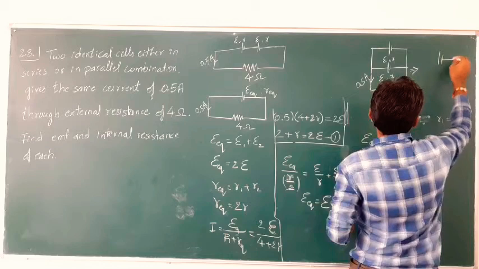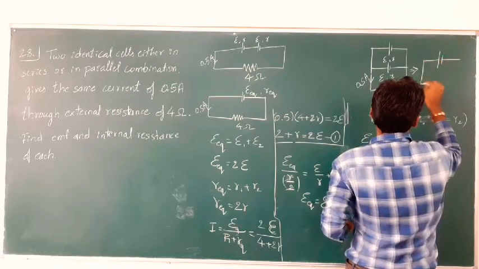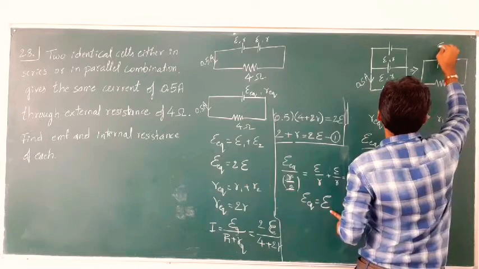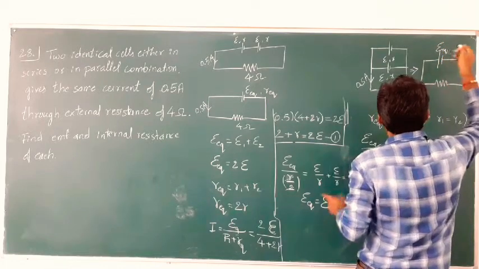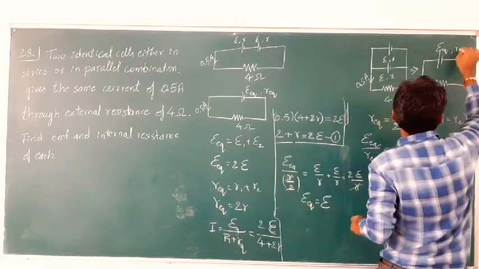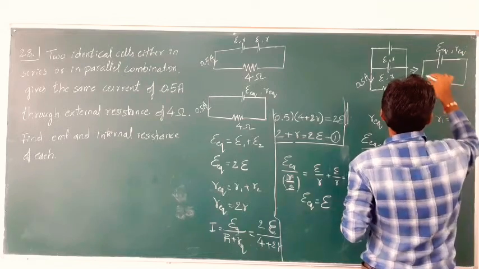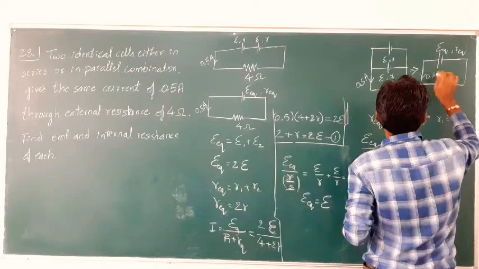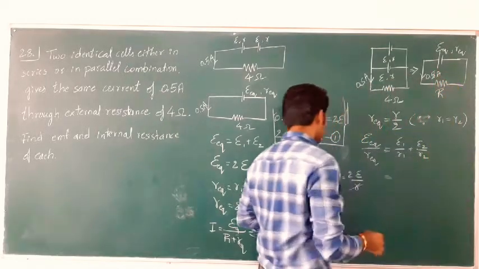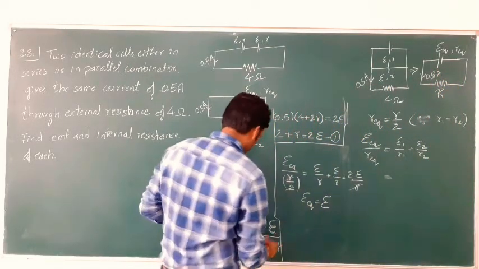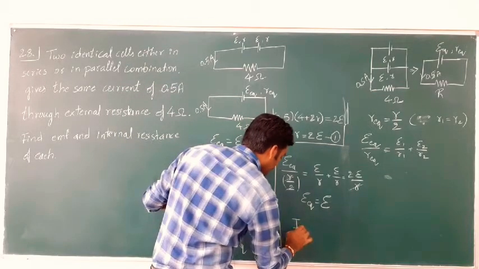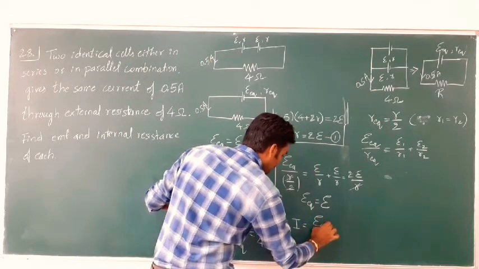Now the equivalent circuit for this combination looks like this. EMF is simply E equivalent, which is E itself, R equivalent, external resistance 4 ohm, current is still 0.5 ampere. Clear? Okay. So now the same formula will apply, which says I is equal to E equivalent.